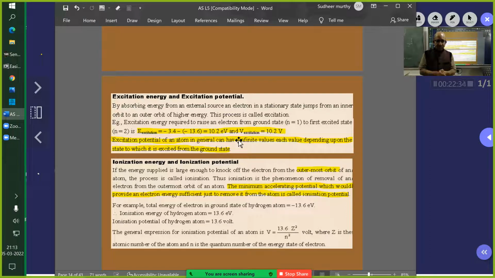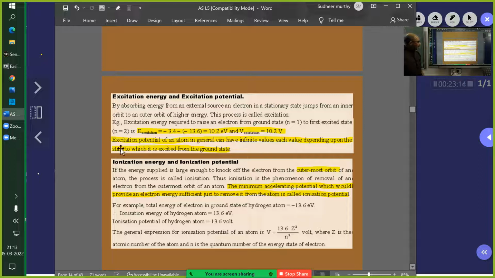They take, for example, hydrogen gas between the two plates of a cathode ray tube, and they increase the potential difference between the two plates to 10.2 volts. Then most of the electrons of the hydrogen atoms present there will get excited and will all be in the n equal to 2 state. So this is the excitation energy and the excitation potential.